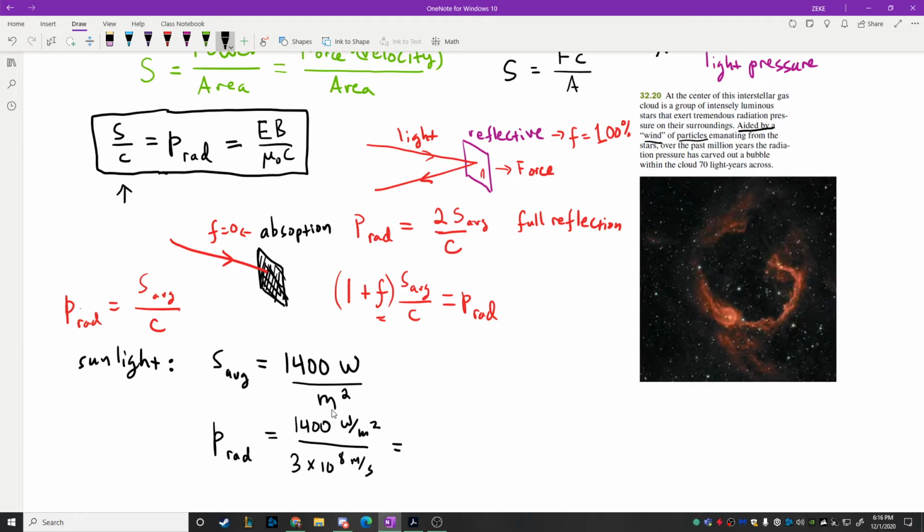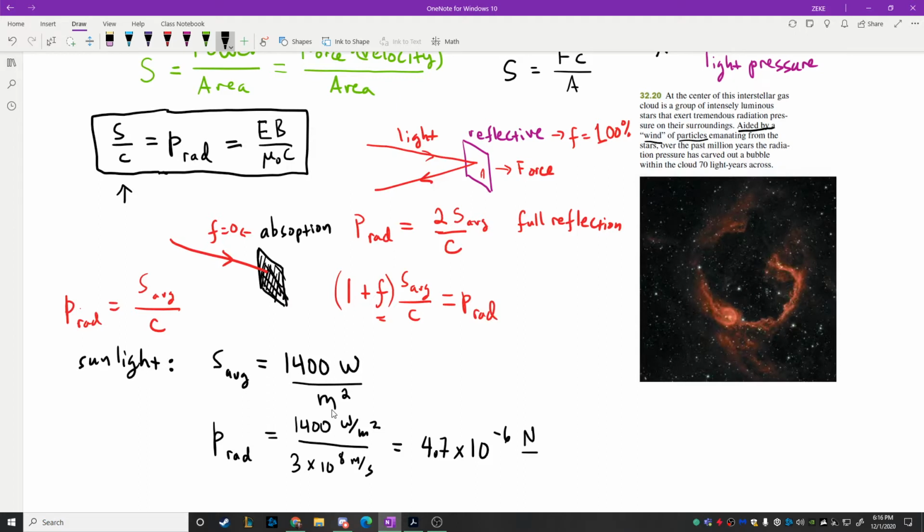If you divide those, you're obviously going to get a really tiny number. This is 1.4 times 10 to the 3, so it's basically like 1.5. 1.5 over 3 is like a half, and then you're multiplying by 10 to the minus 5. So it ends up giving you about 4.7 times 10 to the negative 6 newtons per meter squared, which the symbol we use for that is pascals.